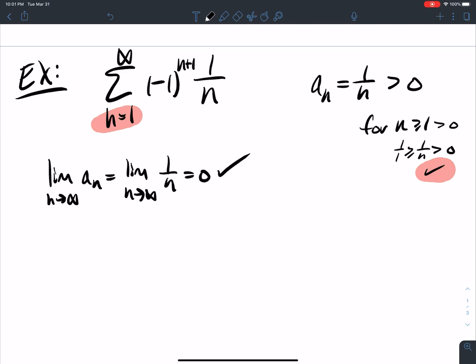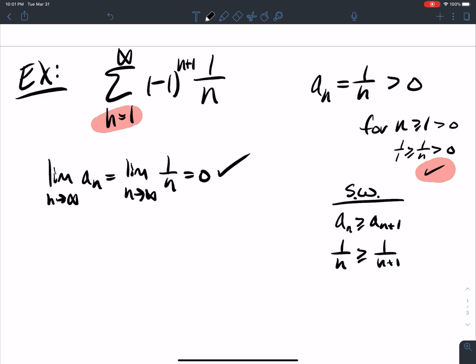Now I need to show, and I've got my scratch work over here, that a_n is greater than or equal to a_(n+1). What does that mean? 1 over n is greater than or equal to 1 over n plus 1.